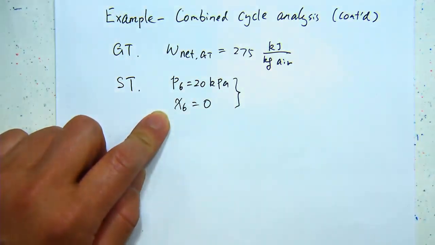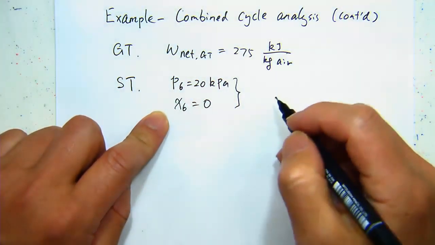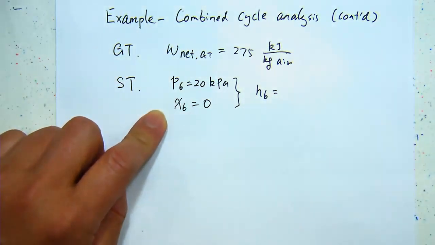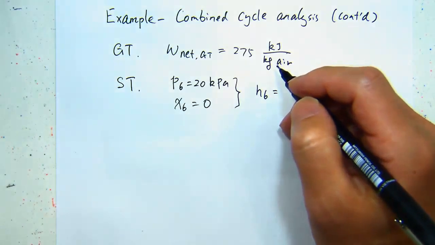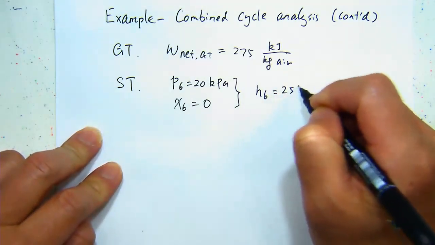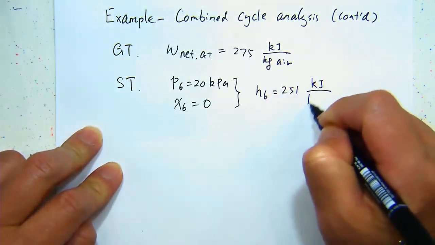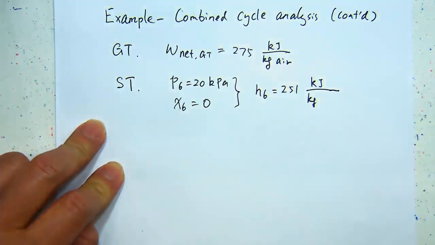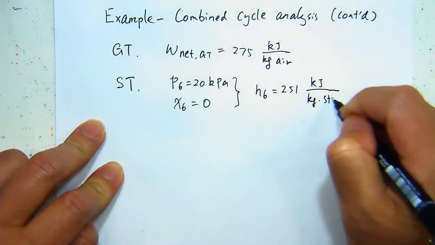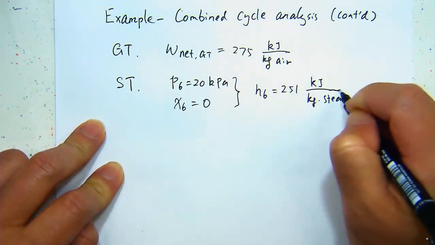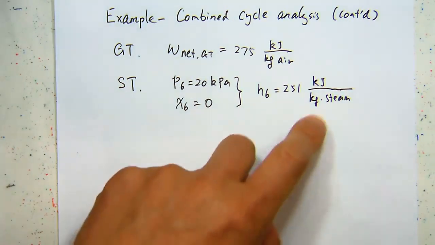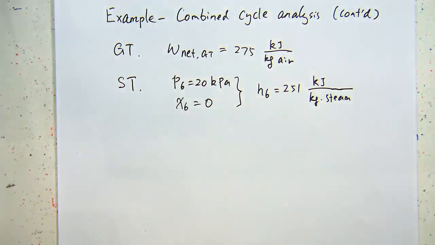Based on these two, you can just go to the table to find H6, the enthalpy, which equals 251 kilojoule per kilogram of working fluid for this cycle, which is steam or water. It doesn't matter. It's a different working fluid compared to the air. But it's mass-based, so it doesn't matter whether it's a vapor or liquid.